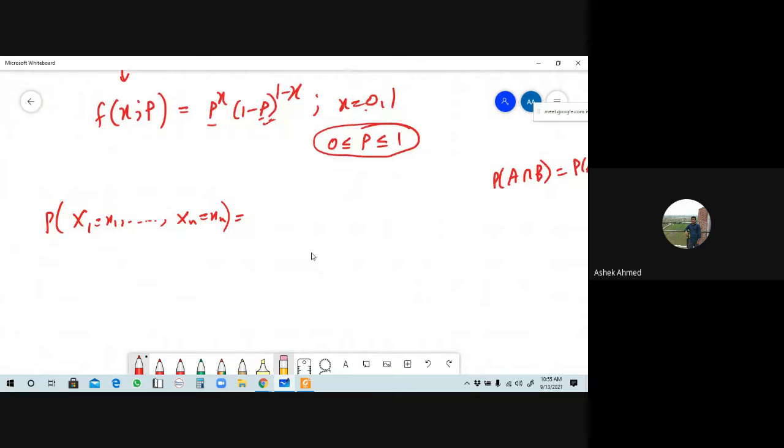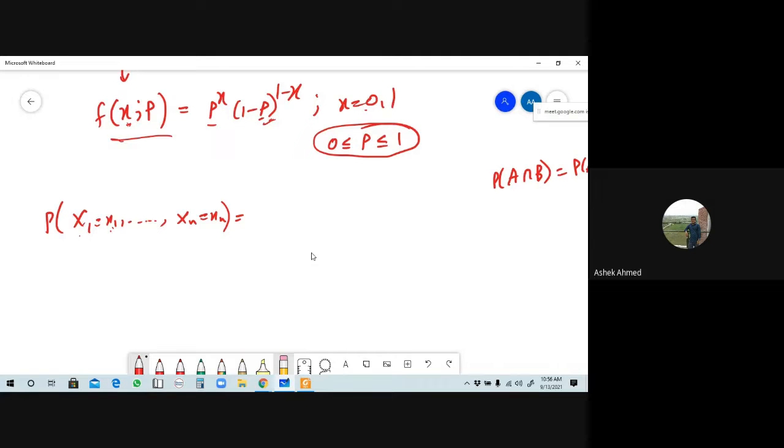Since this is the PMF, probability mass function, you have to take the product of the corresponding random variables' probability mass functions. Since the corresponding value of capital Xn is small xn, you have to replace this x by small x1.